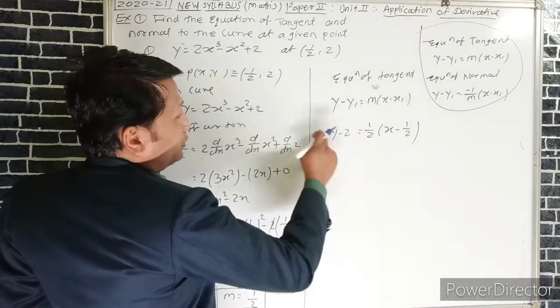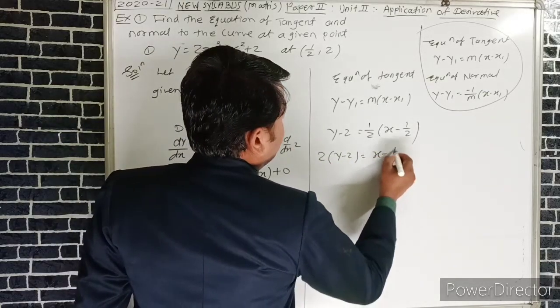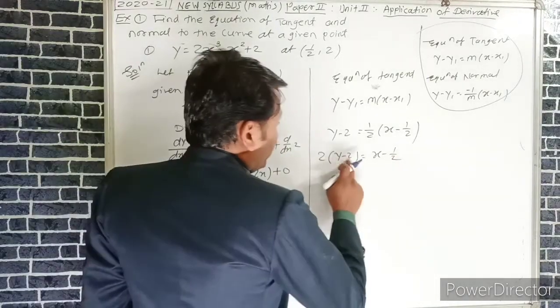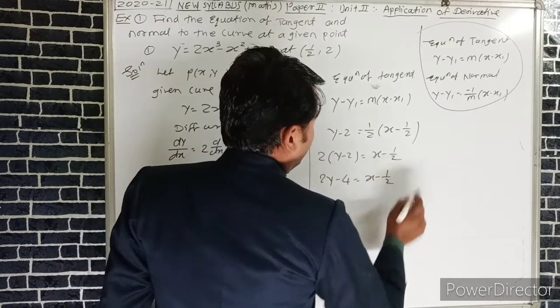If we take this 2 to the left side, we can write 2 into (y minus 2) is equals to x minus 1 by 2. If we multiply this 2 in this bracket, we can write 2y minus 4 is equals to x minus 1 by 2.